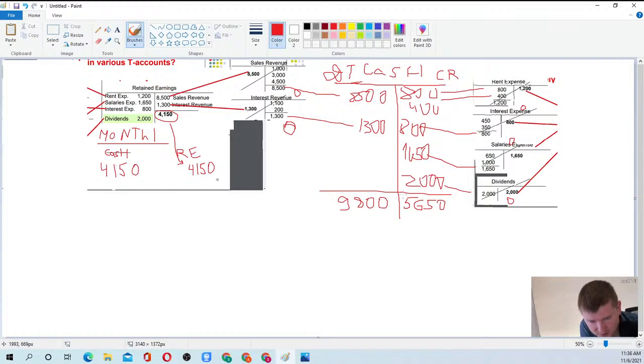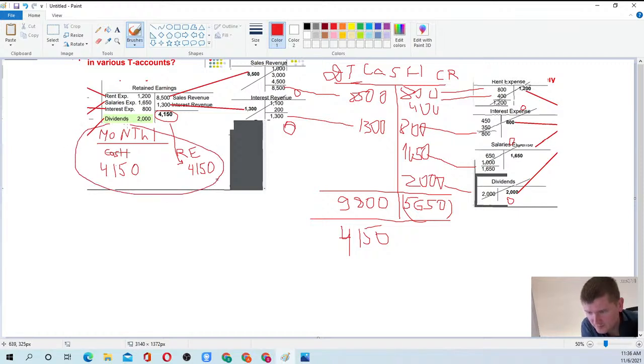And that was a credit. So net will be 4,150. So as you see, in month 1, we got cash 4,150 and retained earnings 4,150.